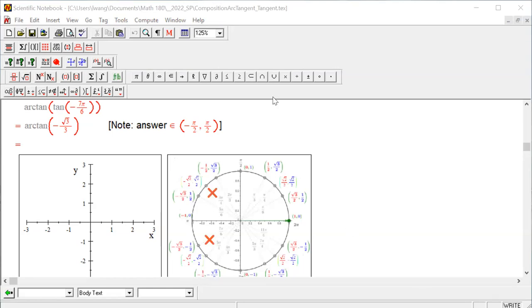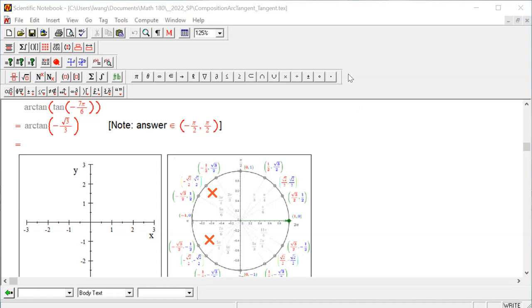That's a no-fly zone. Then we look for the ratio, which is -√3 over 3. It's a negative ratio, so it cannot be here or there. It's going to be here. Which pair of blue divided by red gives us that ratio? It looks like it's going to be this pair.